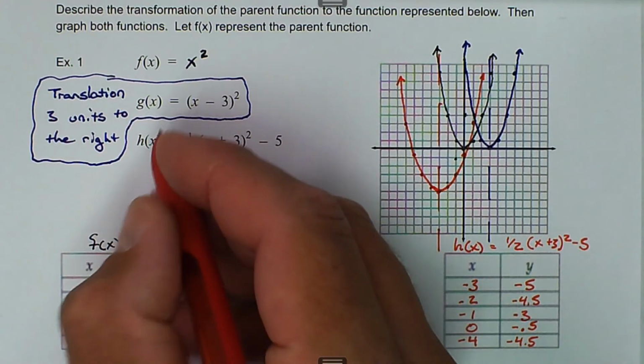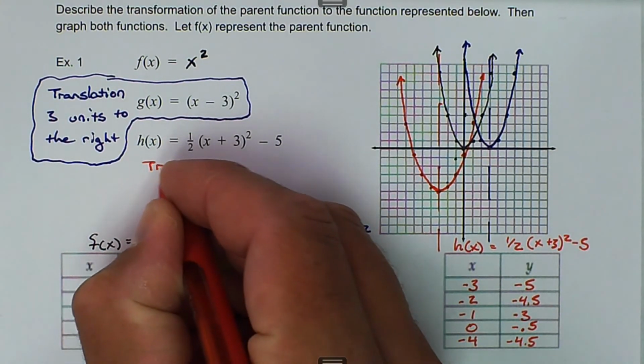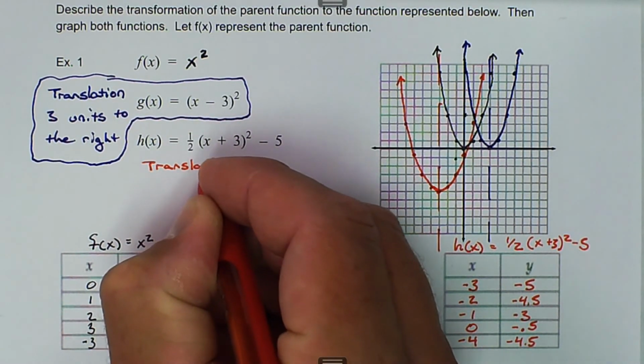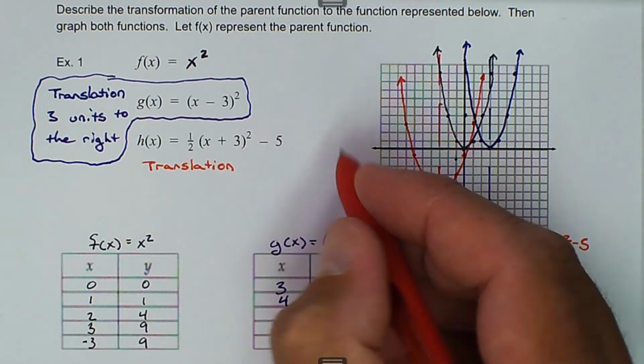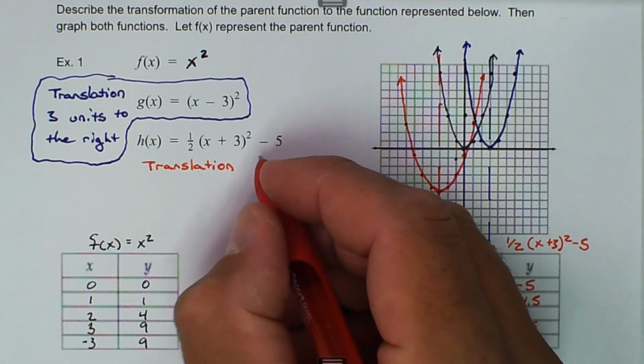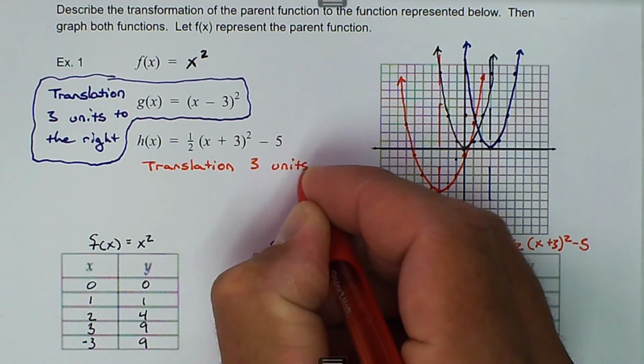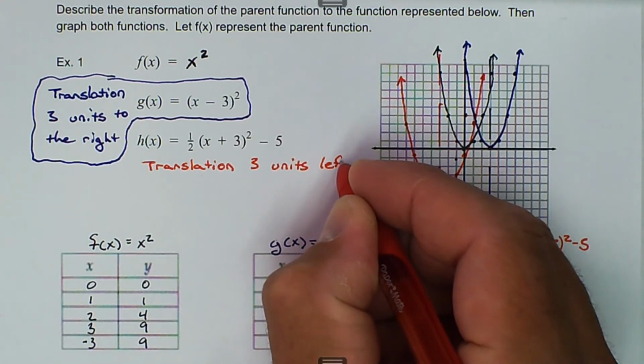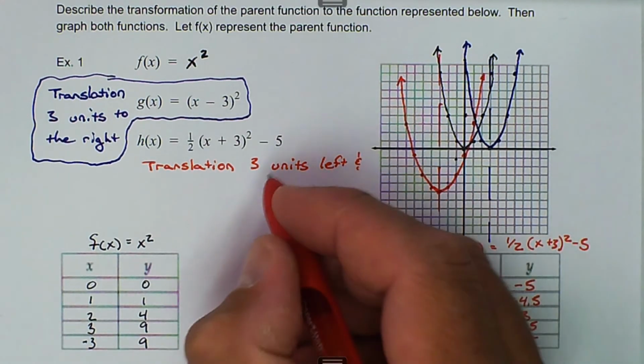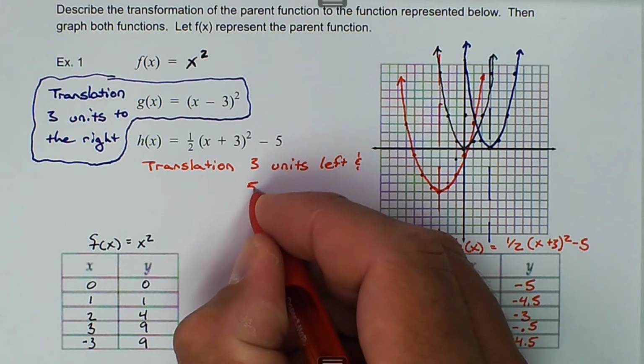So it had two translations. It had a translation three units to the left, and 5 units down.